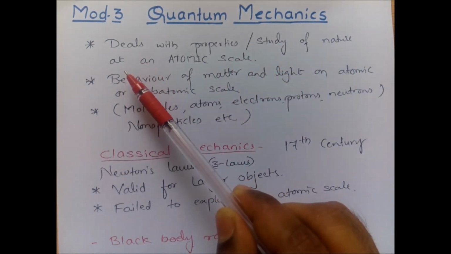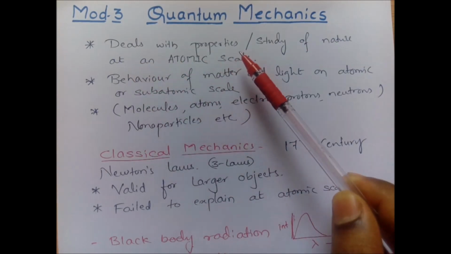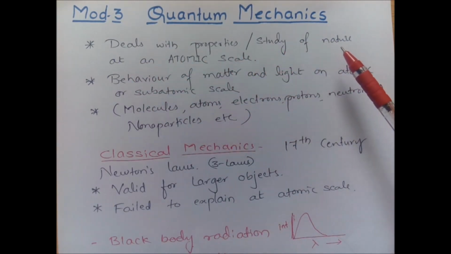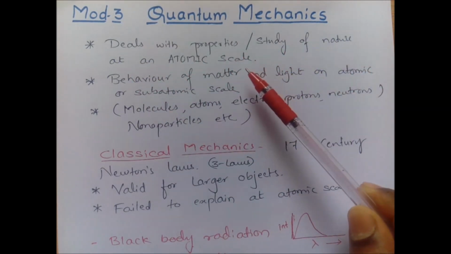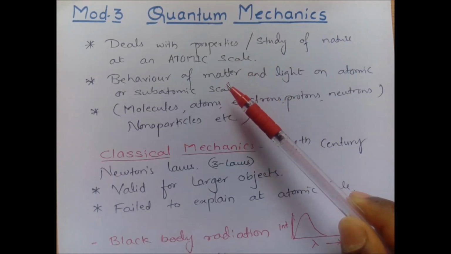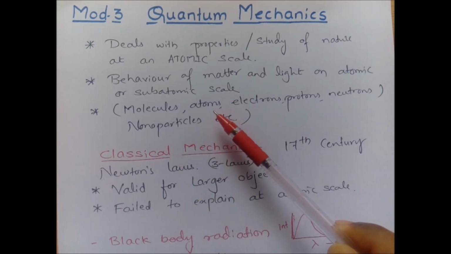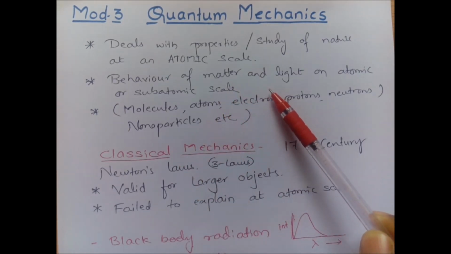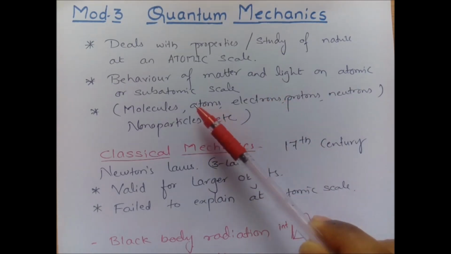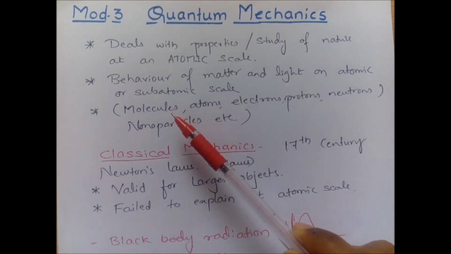What is quantum mechanics? It deals with the properties, or the study, of nature at the atomic scale. We can say it is the behavior of matter and light at the atomic or subatomic scale.